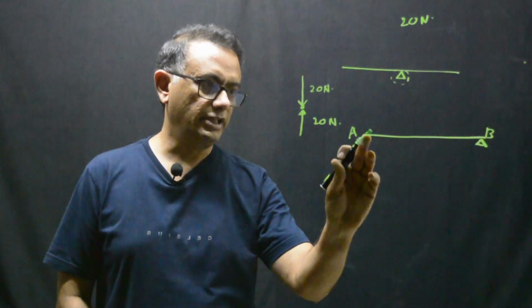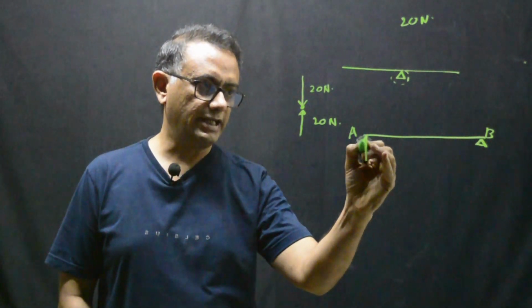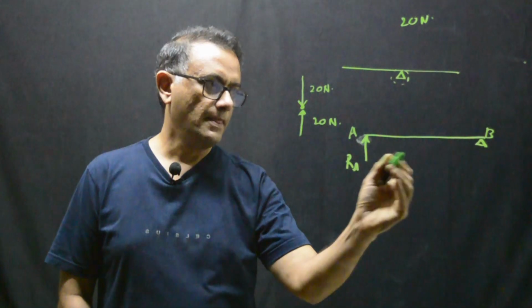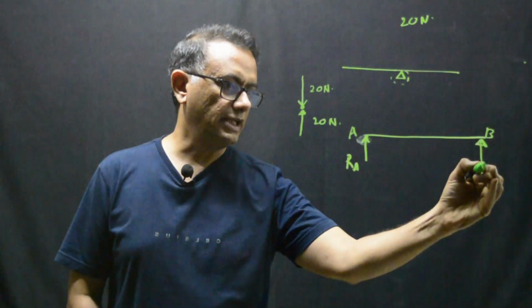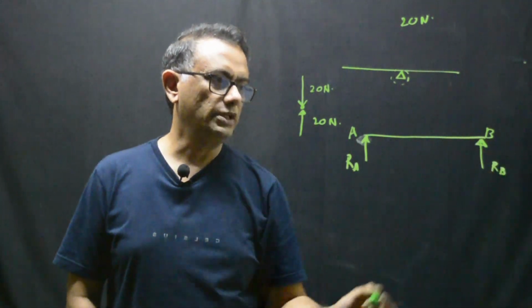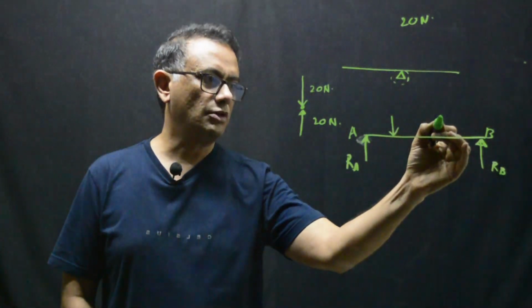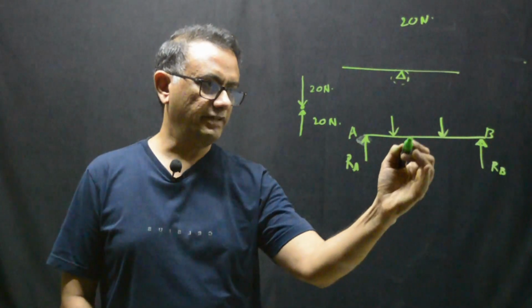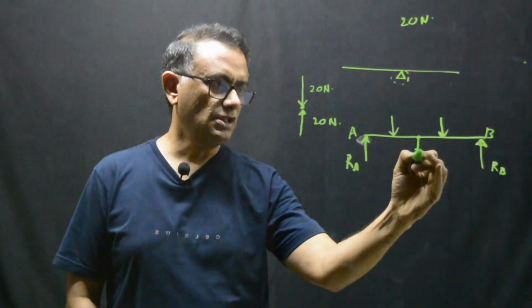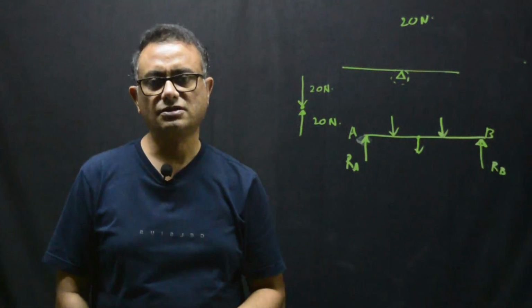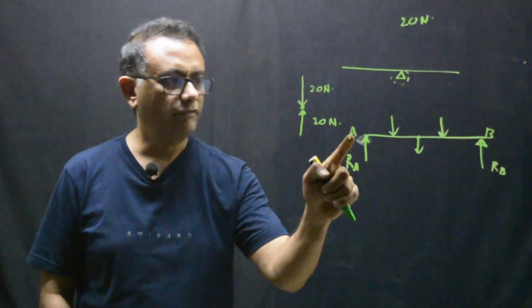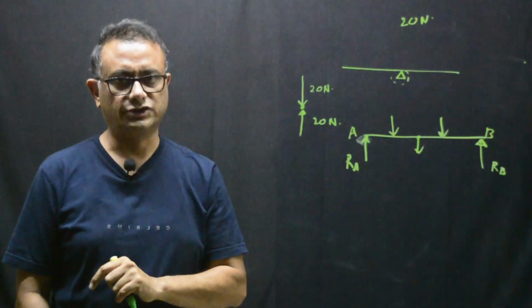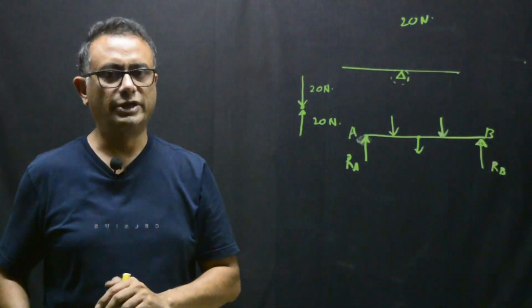Wherever there is a support, there is a reaction. We will say reaction at A, and here there is a reaction at B. So they may give us a system of forces, they may give us a weight, and they will say that if this beam is to be in equilibrium, find out the reactions of these forces. So we'll try to solve a numerical of this type.